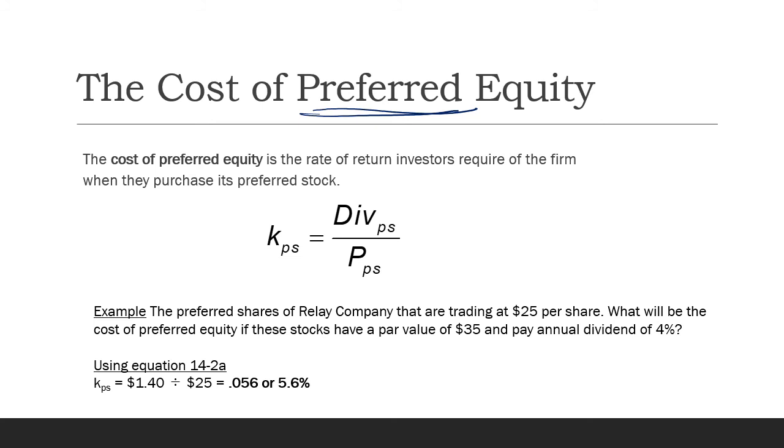You calculate the rate of return of the preferred stock by using the perpetuity formula. You just plug in all the figures using this formula.